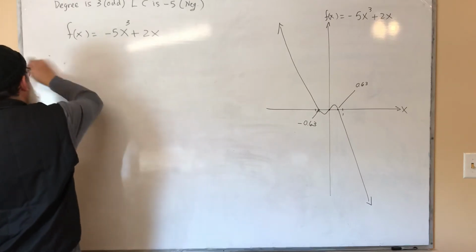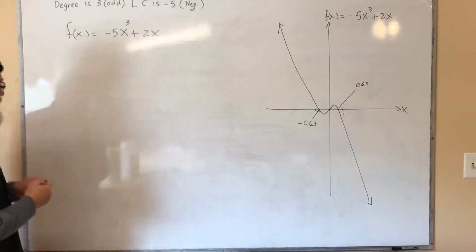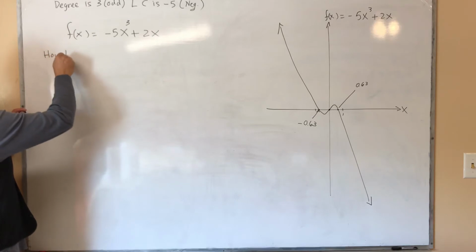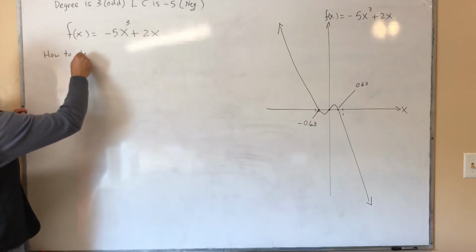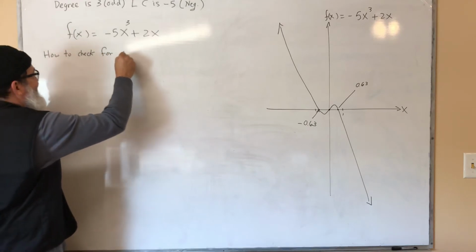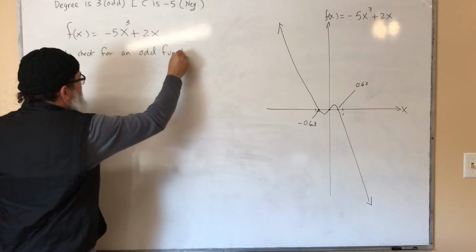How do we check to see if this function is odd? How to check for an odd function.